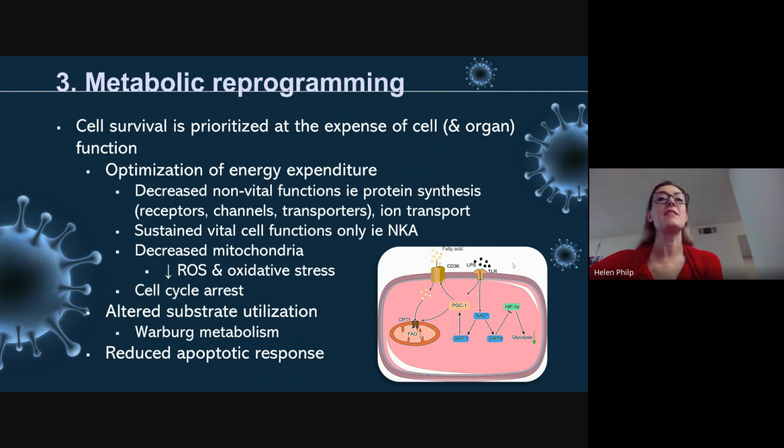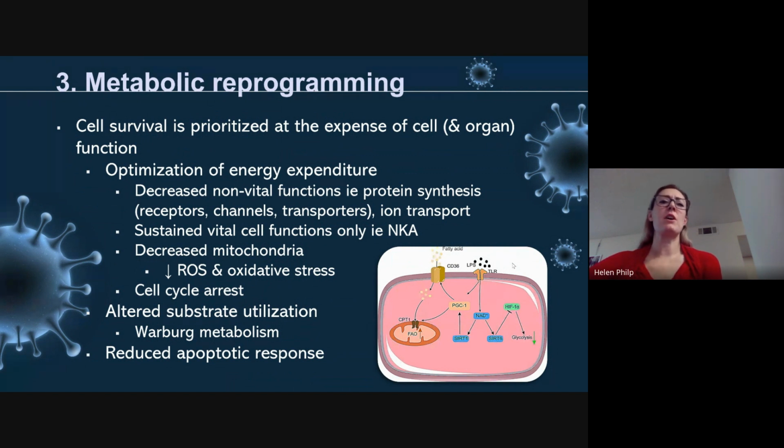So they stop producing receptors, ion channels, various transporters, and they limit their functions only to production of what they really need. So things like sodium potassium ATPase pumps, they decrease their mitochondria, so they use less energy, there's less reactive oxygen species being formed, less oxidative stress, less chance of damage to the cell.